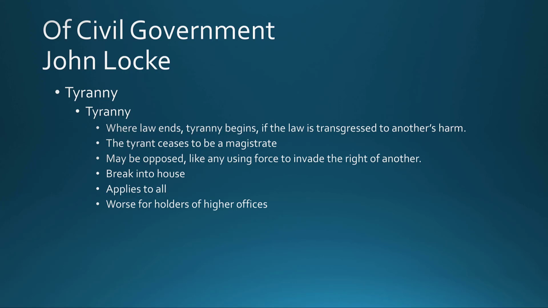And Locke notes this. This is kind of the basis of it, that if someone has the authority to seize someone in the street, if they try to get into someone's house without the proper warrant, then Locke believes that they could be resisted.